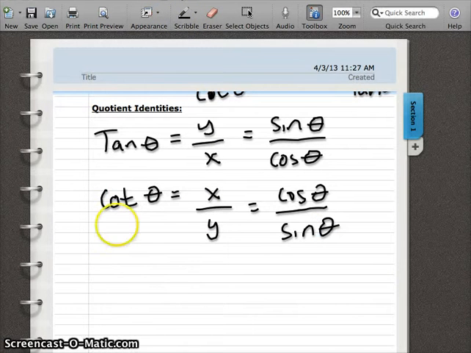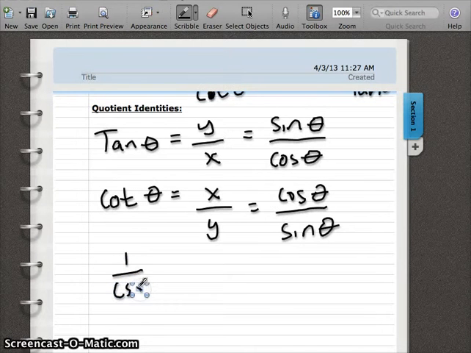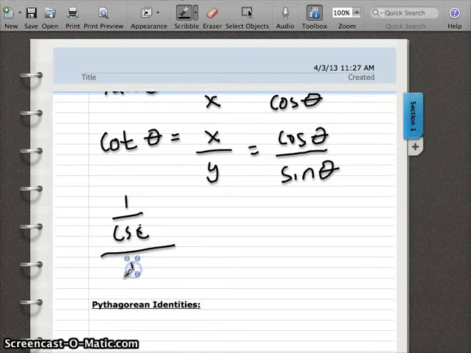And we could also play around with these just a little bit more here. If we think about our reciprocals, the reciprocal of sine is 1 over cosecant, and the reciprocal of cosine is 1 over secant.